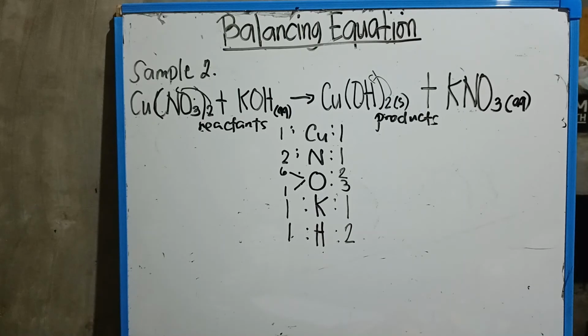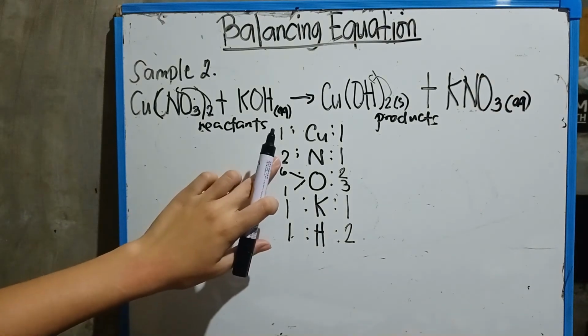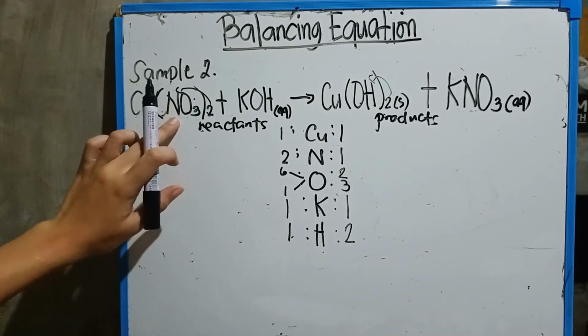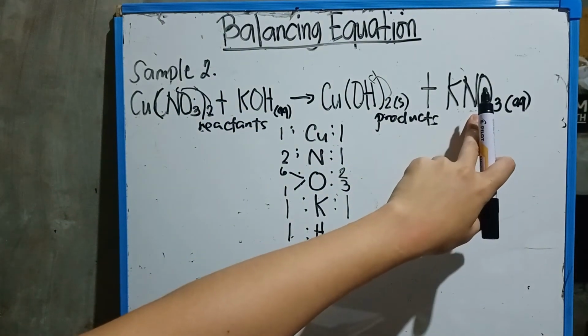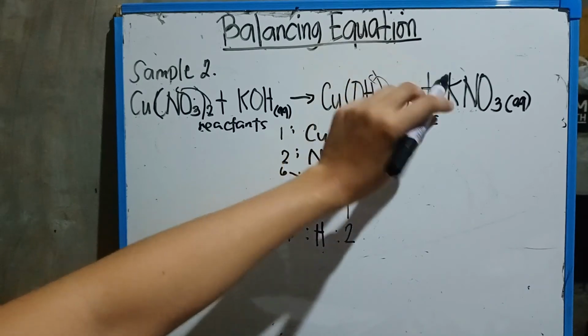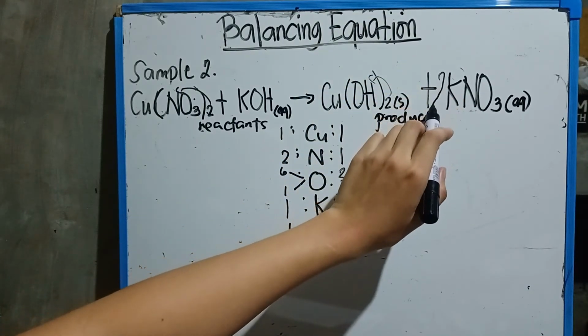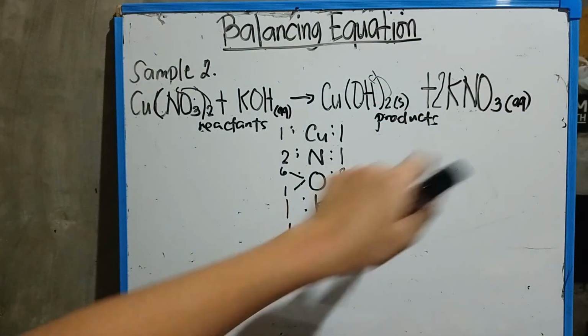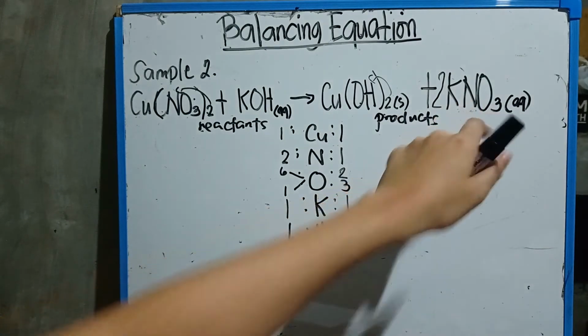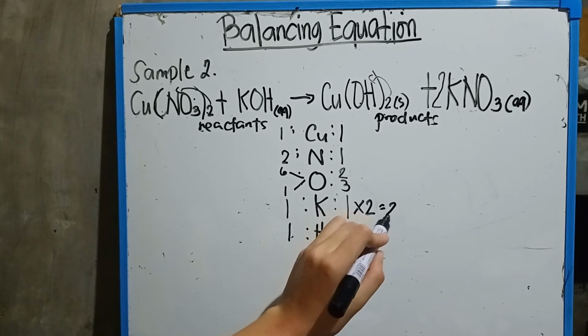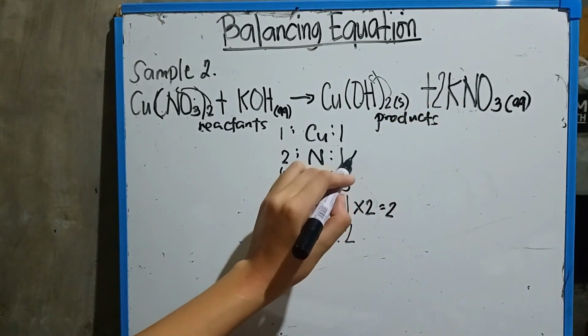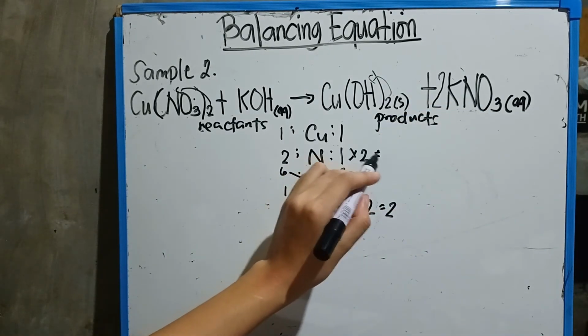So, next is our nitrogen. Here we have 2, and then here we have 1. So, why not? Diri ta magbutang og imaginary 2.